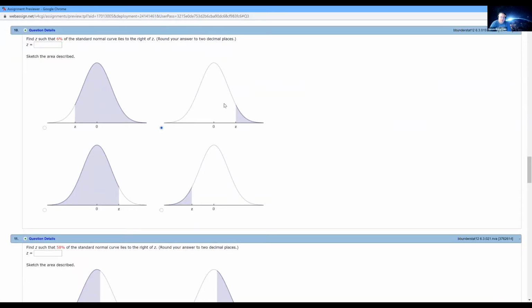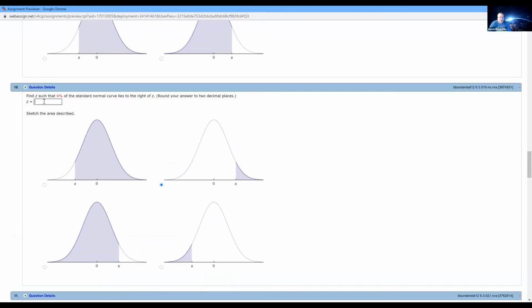So I think it'd be this picture. Would that look 6% to the right? Now, if you're doing this one, you do inverse norm. Will you use 6%, 0.06, or will you use the 0.94 in this story?